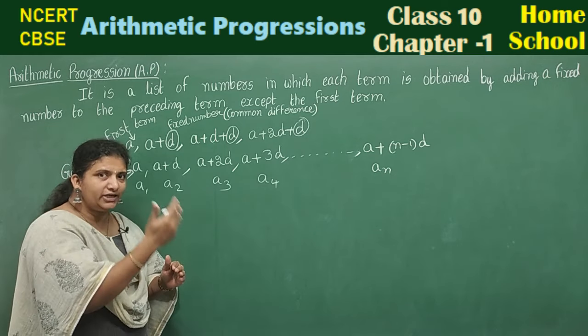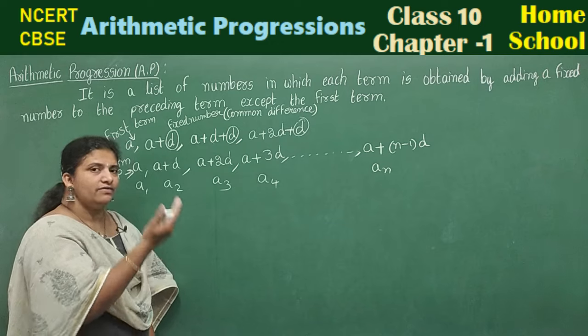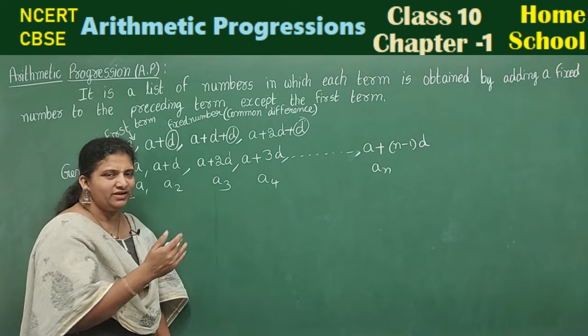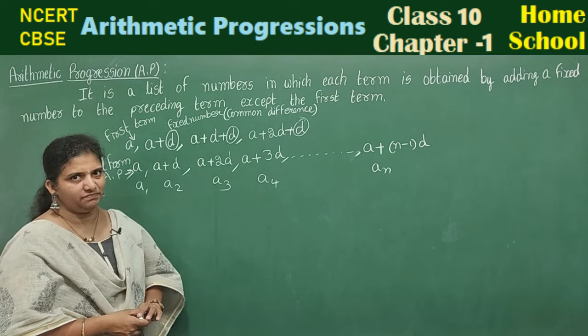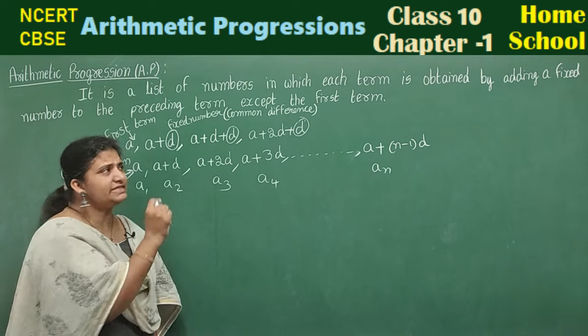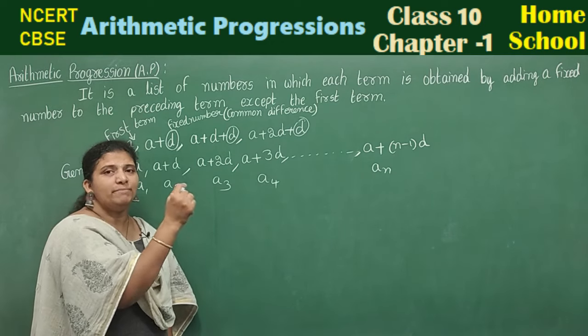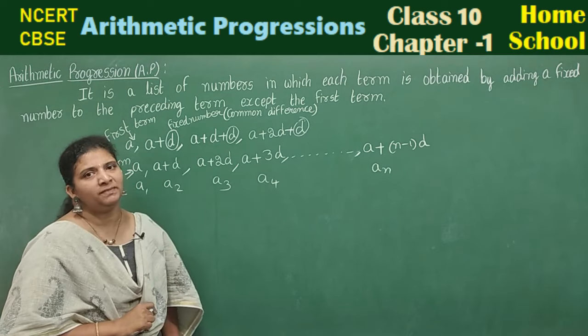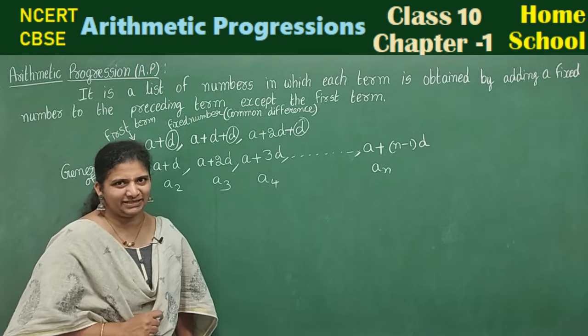And the second term onwards, how do we get it? For the first term, if we add a fixed number, we get the second term.